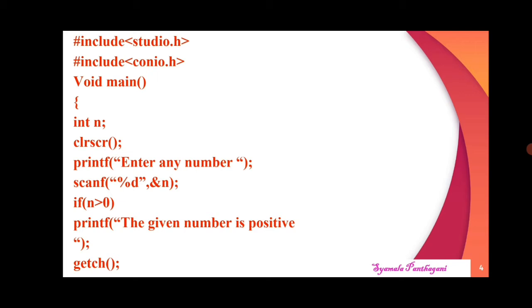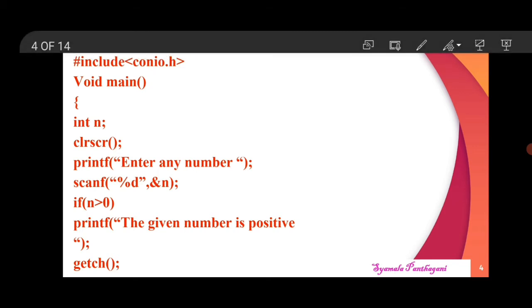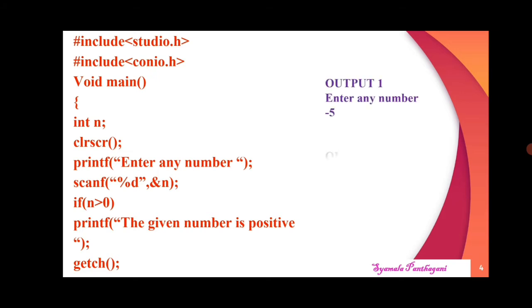If that value is greater than 0, it prints "The given number is positive". Shall we go to the outputs? First, go to output 1.